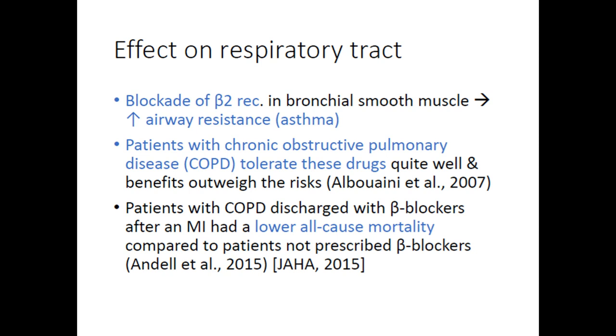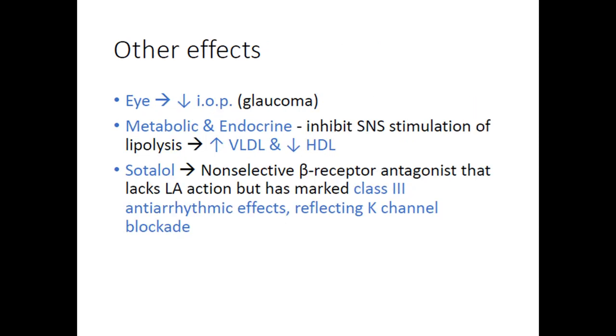So the benefit is more than the risks in case of the COPD patient. And patients with COPD discharged with beta blocker after myocardial infarction had a lower cause of mortality compared to patients not prescribed the beta blocker. So in this case, indirectly, they improve the overall symptomatic relief.